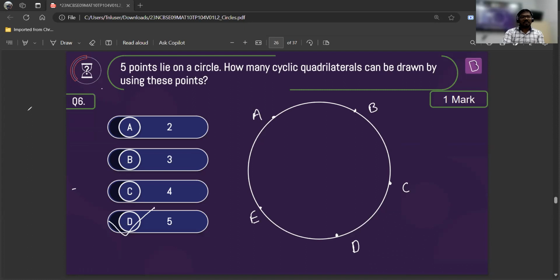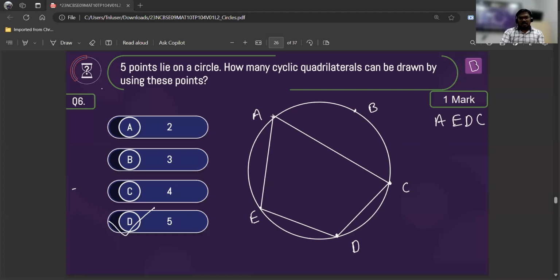Let's join one by one. Let's try to draw a quadrilateral. So let's name them. What is the name of this quadrilateral? This is AEDC. First one, right? I'm now using different colors.